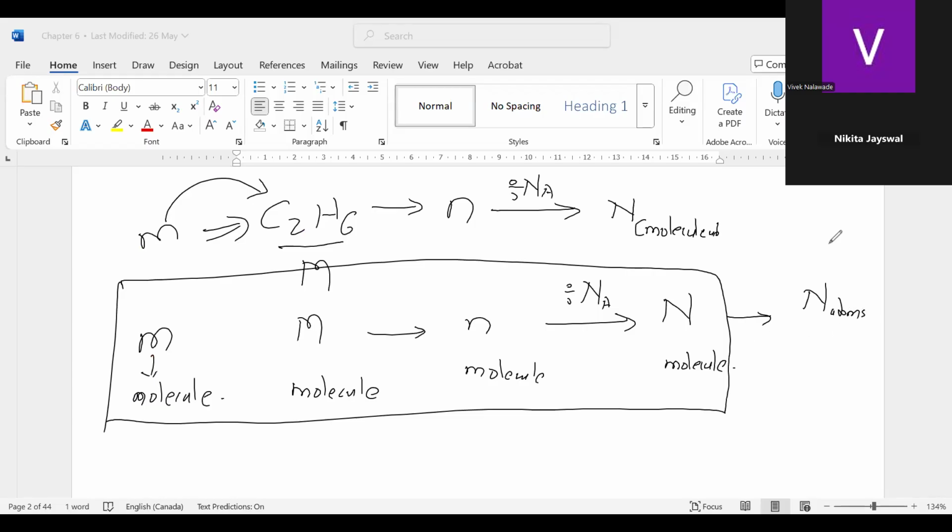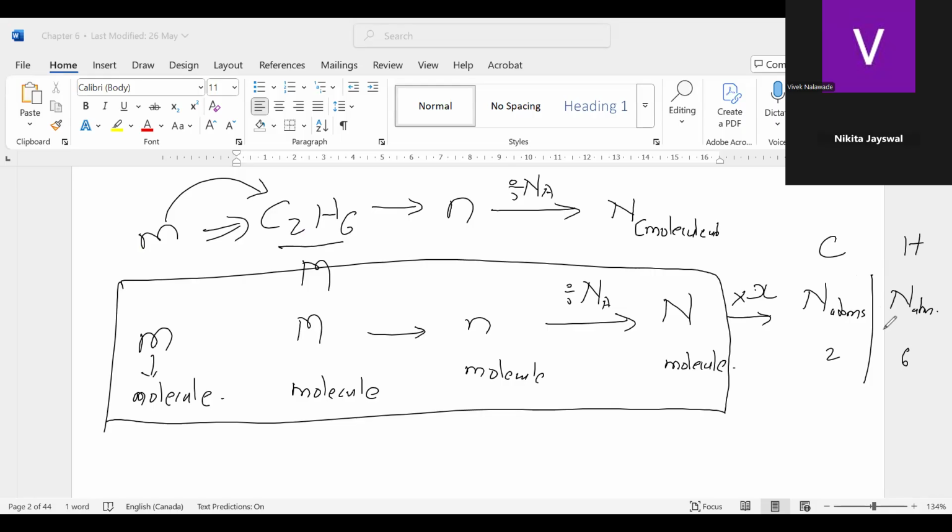In this case, they might ask us for carbon. So each molecule has how many carbons? Two. So you multiply this N of molecules by that specific number, and you get the N for the atoms. If they ask us for hydrogen, here we multiply by 2, there we multiply by 6. Is this understood?